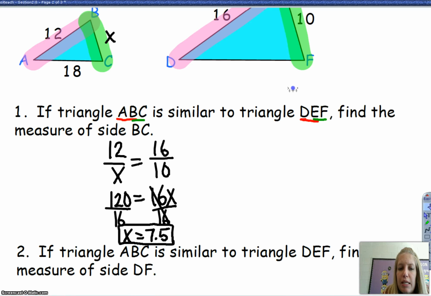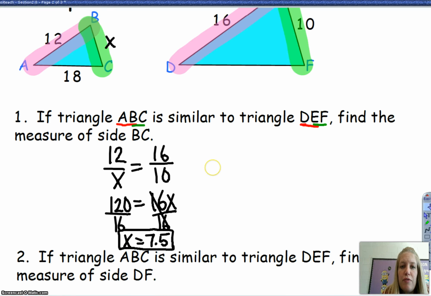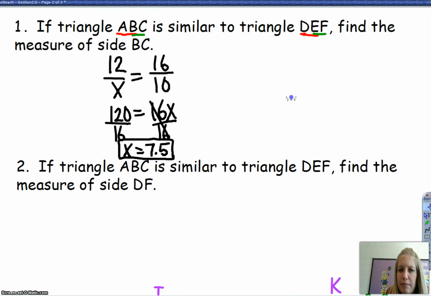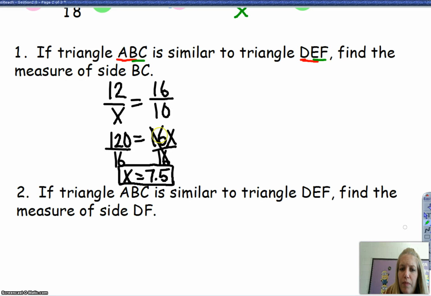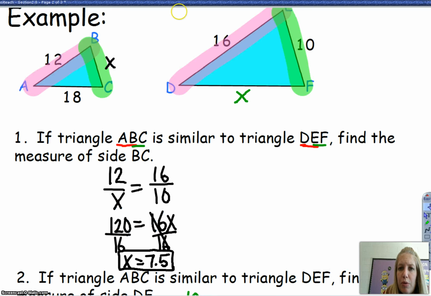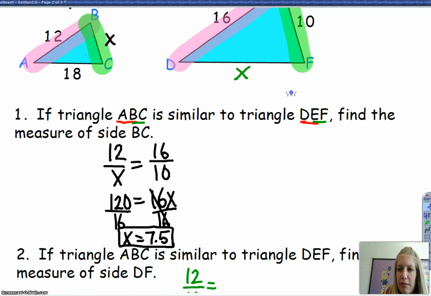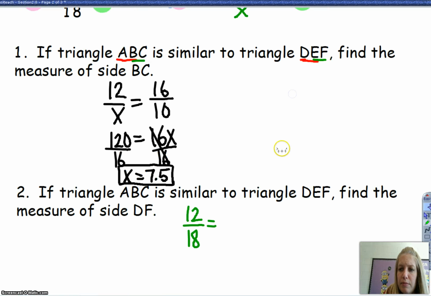The second one says, if they're similar, find the measure of DF. So this time we want to find the measure of this here. Okay, so I'm going to compare two sides that I know. I know that 12 and 18 here from my little triangle. So I'm going to do 12 goes with 18. 12 over 18 equals, and that was from my little triangle, so now I'm going to go back to the big triangle, equals 16, the pink, to x. 16 to x.